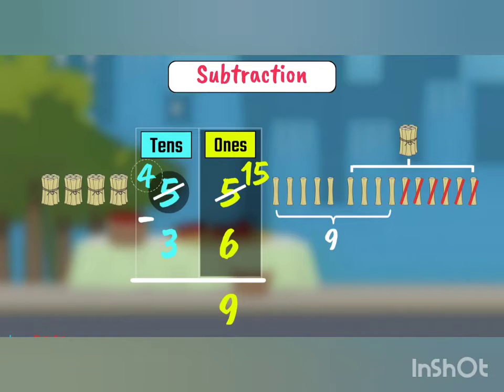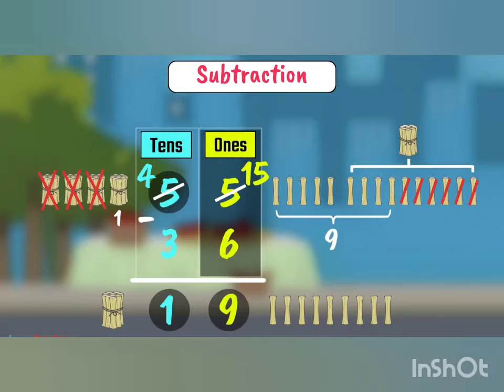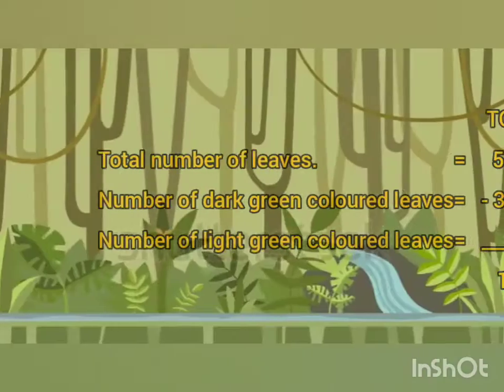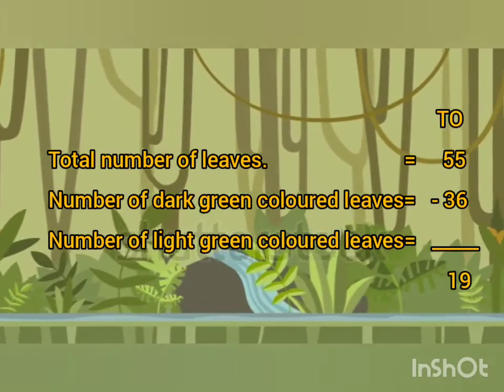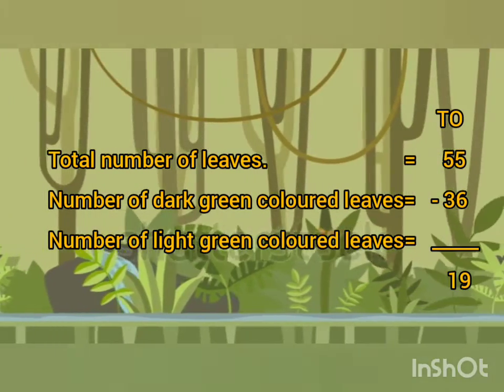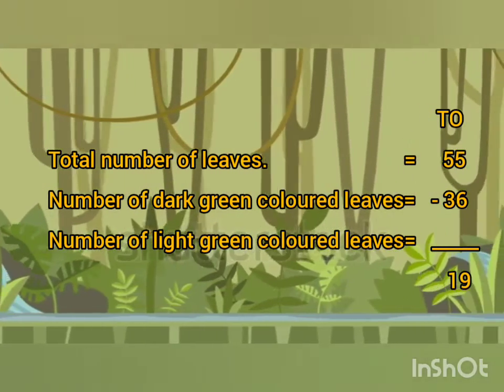And then at the tens place, we have 4 tens. And we will subtract 3 tens, then 1 tens will be left. So our answer will be 1 tens plus 9 ones equals 19. Means number of light green colored leaves equals 19.